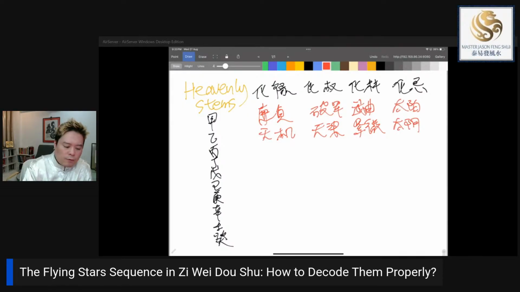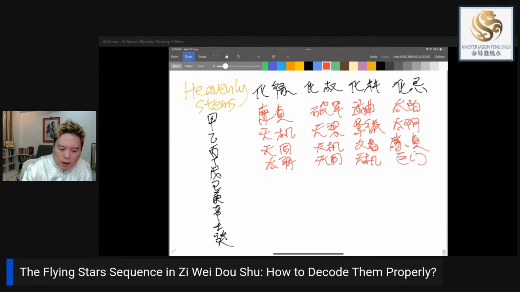Subsequently, if you have the Bing heavenly stem, you have Tian Tong paired with Hua Lu, Tianji paired with Hua Quan, Wen Chang paired with Hua Ke, and Lian Zhen paired with Hua Ji. And if you have Ding, you have Tai Yin paired with Hua Lu, Tian Tong paired with Hua Quan, Tian Ji paired with Hua Ke, and Ju Men paired with Hua Ji.